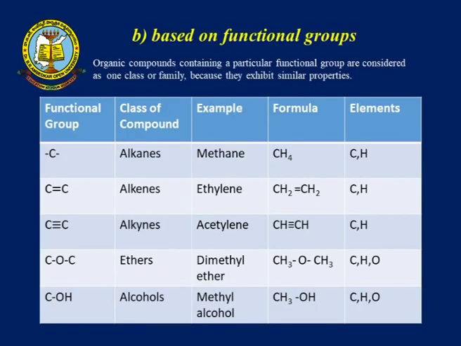Now, coming to the second type of classification, that is based upon the functional group. We have studied the classification based on the carbon skeleton. Now, we are coming to the classification based on the functional group. What is this functional group?